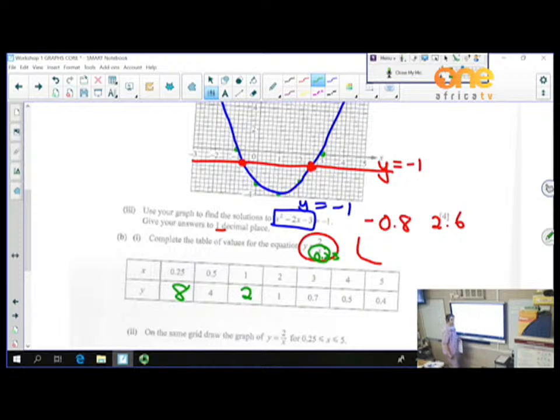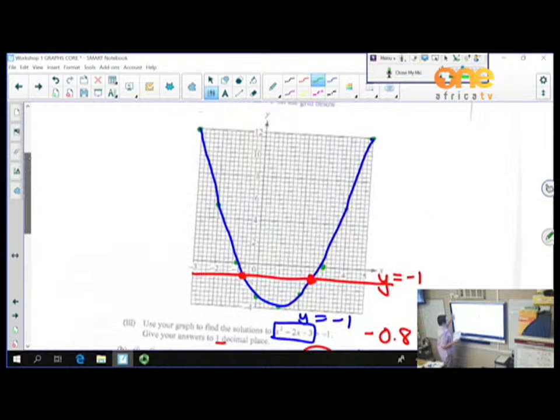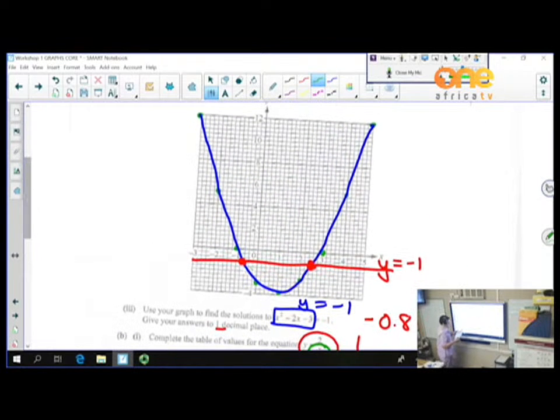And there's my table. So now I have to plot these points on the same axis. So the first one, again, we'll have to look at the scale here. Here's 5 little blocks, actually representing 1. So each little block represents 0.2. So you must be very careful now where you plot those points.